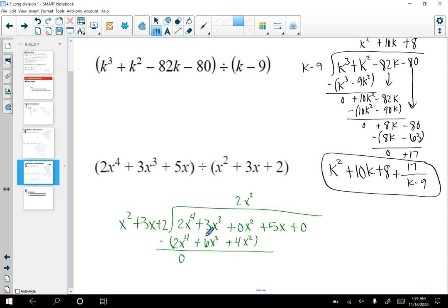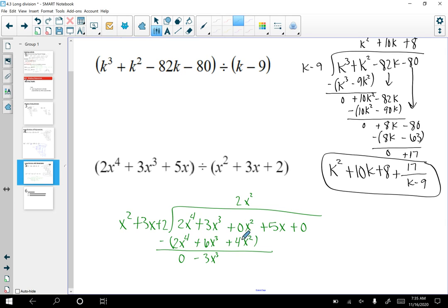Oh, that should be not. Minus, did I do something wrong? Nope, we're good. Okay, 0 minus 6x cubed gives me negative 3x cubed. Oh, I'm sorry, 0x squared.